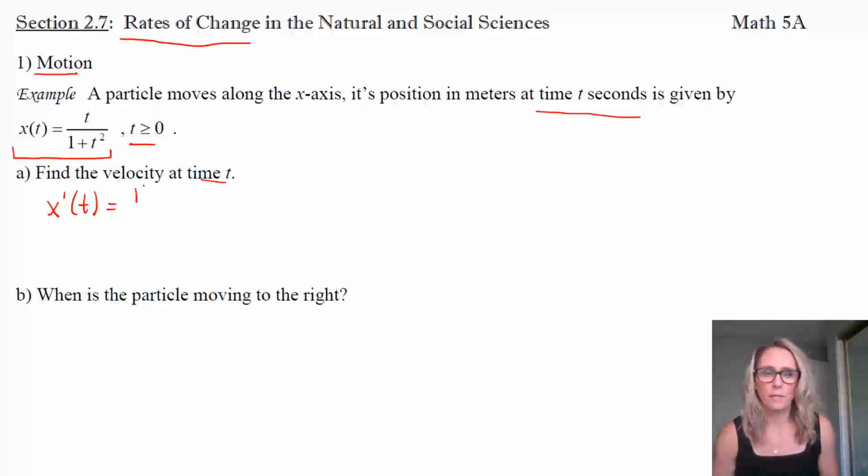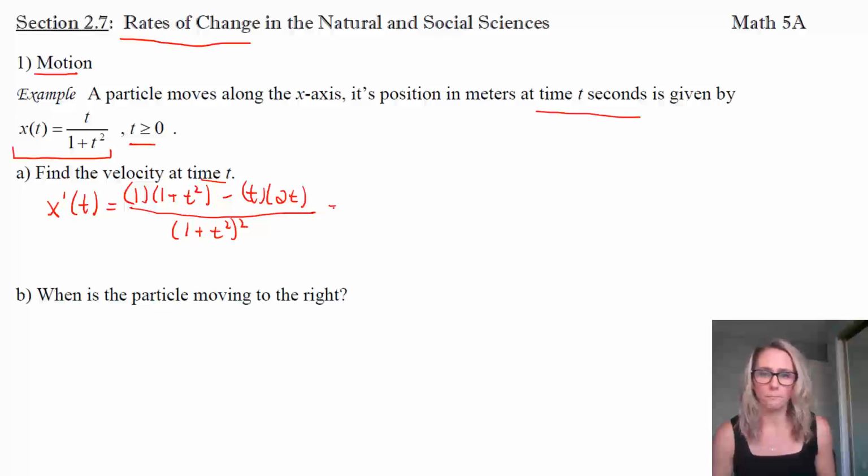So I'm going to take the derivative of the top and I get 1. And then I'm going to leave the bottom, 1 plus t squared. In the quotient rule between the two terms, we have a subtraction sign. And then I'm going to have the top, and I'm going to take the derivative of the denominator. And then it's going to be all over, we don't want to forget that, our denominator squared.